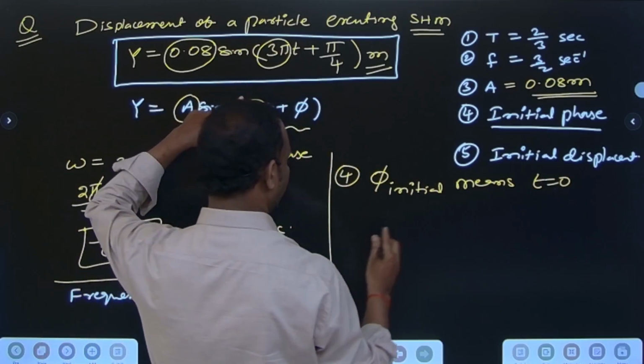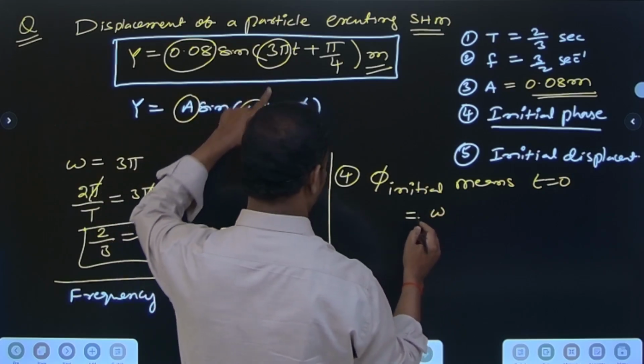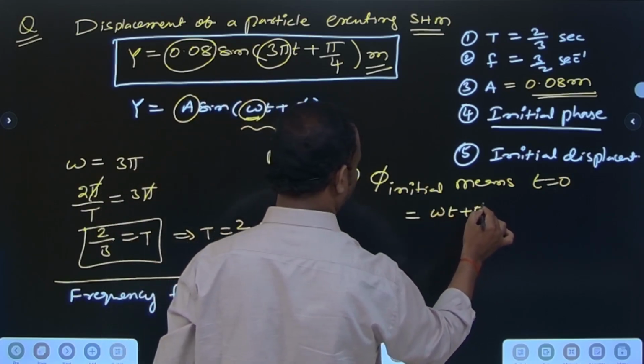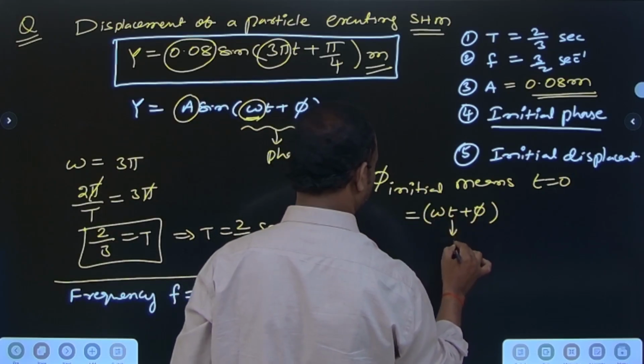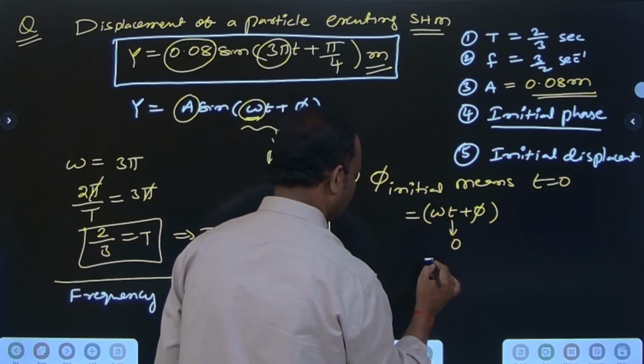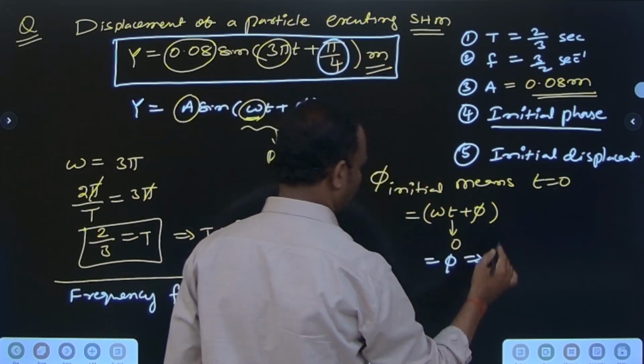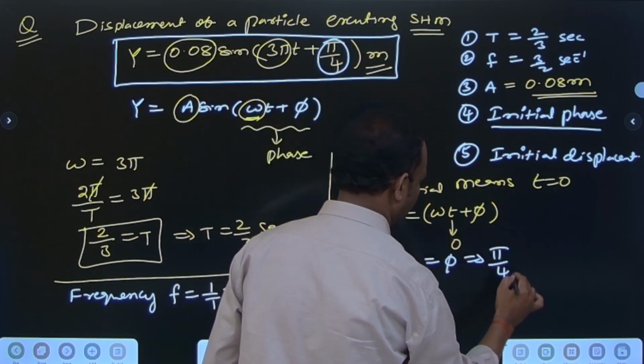So what is the phi initial? In omega t plus phi, t equal to 0 means omega t is 0, right? 0 into something is 0. So what is the answer now? Phi. What is the phi given here? The answer is pi by 4 radian.